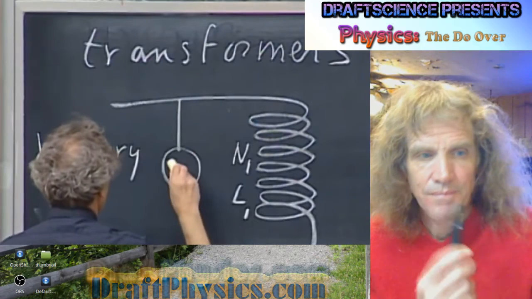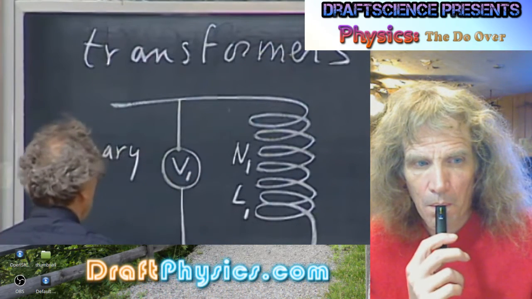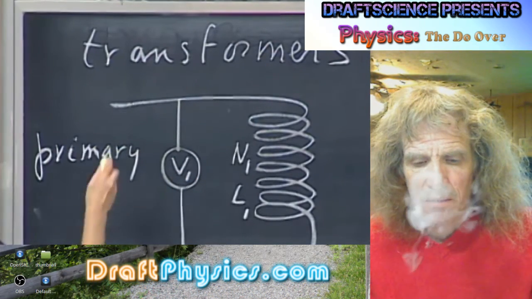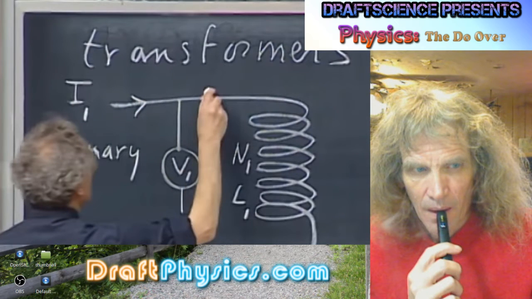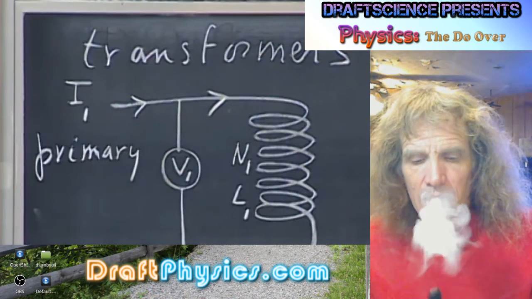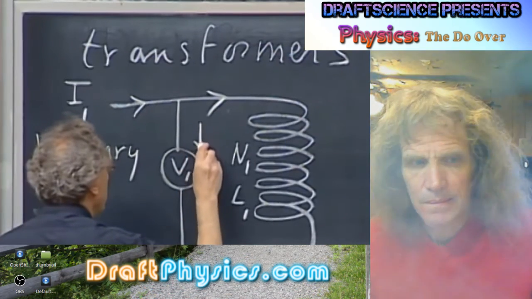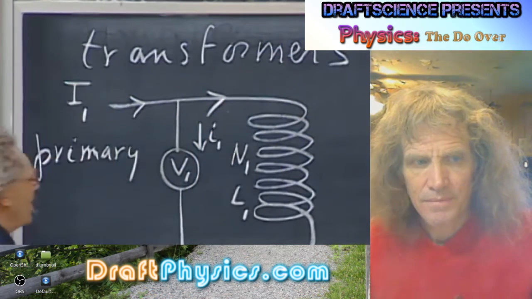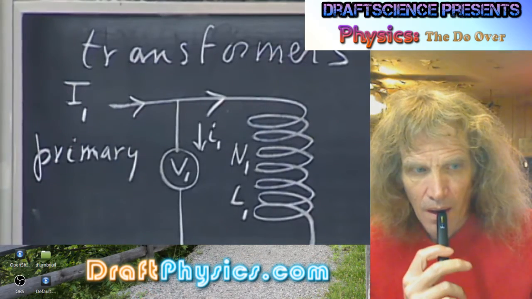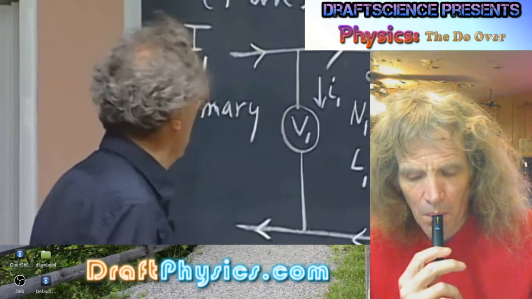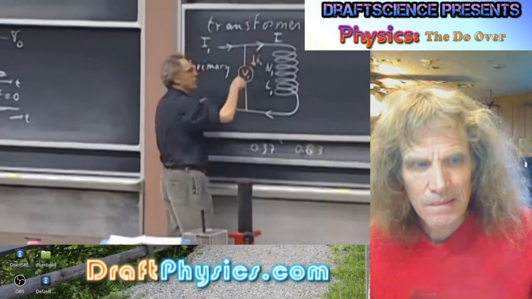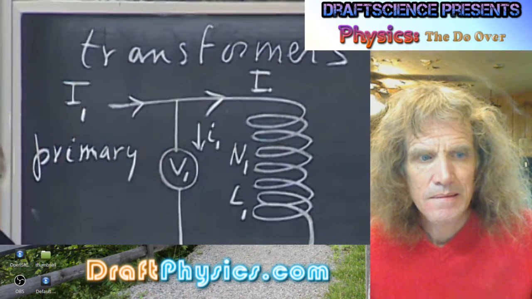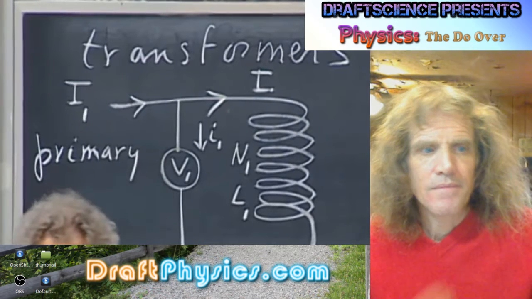And I put here a voltmeter, which I call V1. The current I1 is running through the coil and returning. And there is a teeny weeny little current running through this voltmeter, insignificantly small, so I just call this also I1. But it allows me to always monitor V1.